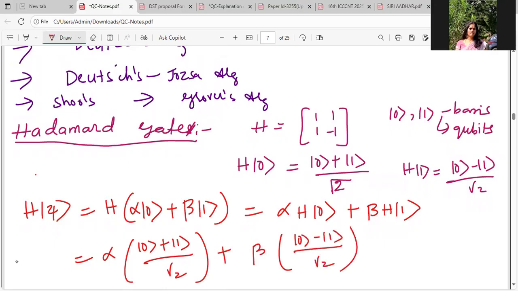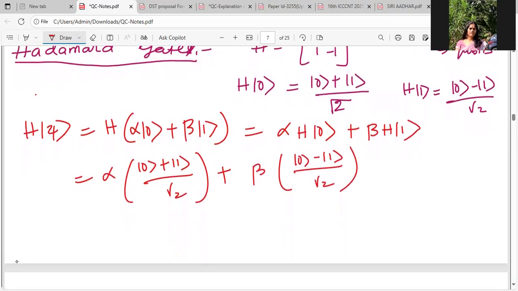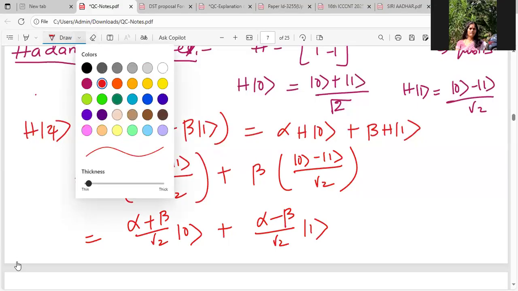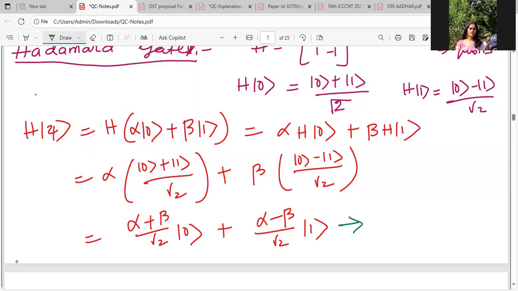Of course, you can separate the coefficients of ket 0 and ket 1. Alpha plus beta by root 2 is the coefficient of ket 0. Alpha minus beta by root 2 is the coefficient of ket 1. Of course, this feature has another name in quantum. It is called quantum interference.